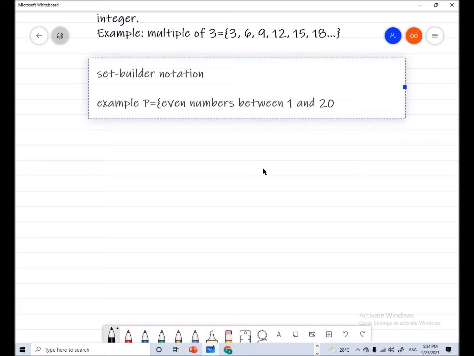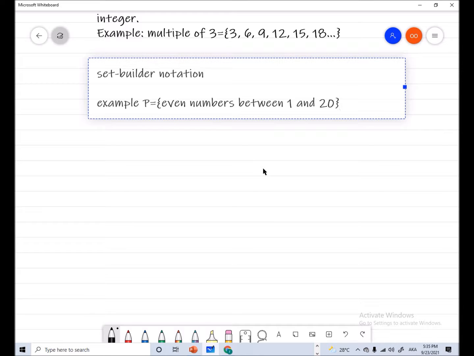So for instance, if the question is: set P is even numbers between 1 and 20, list set P.